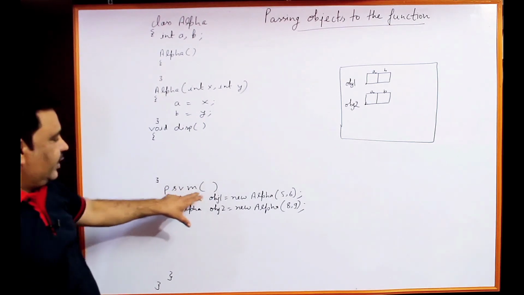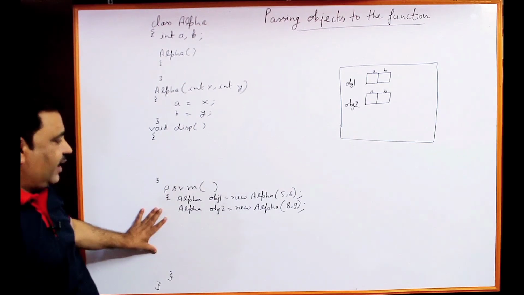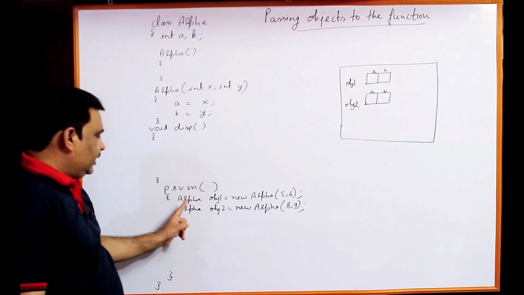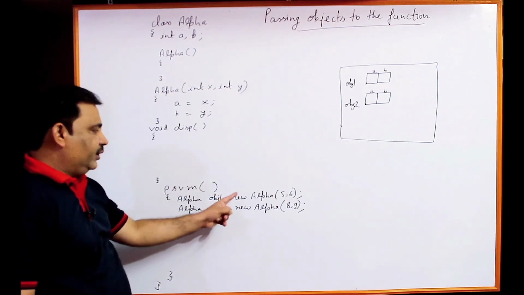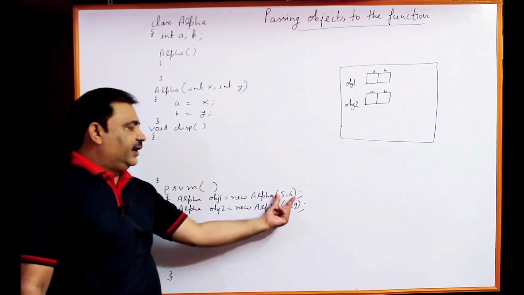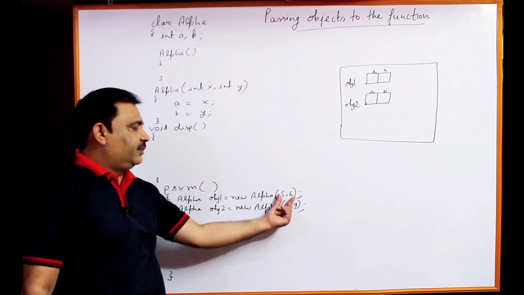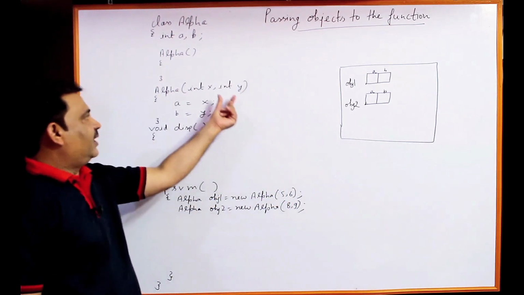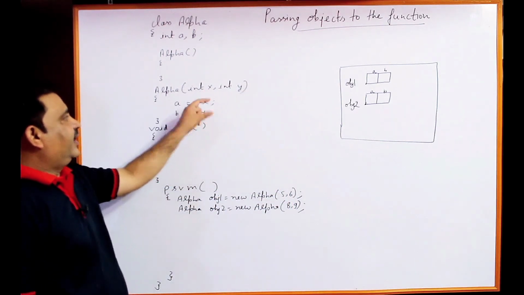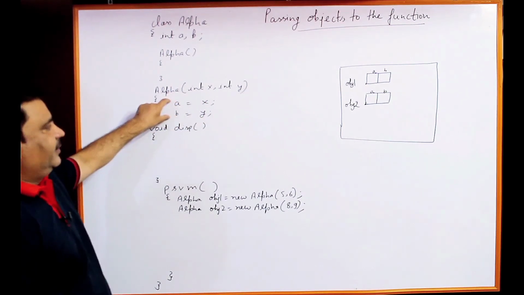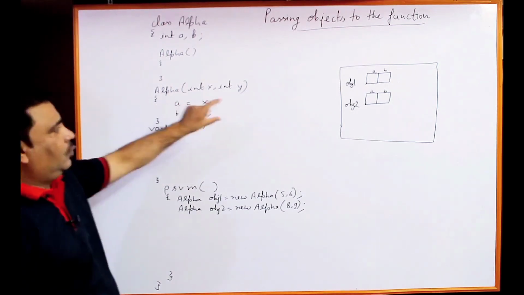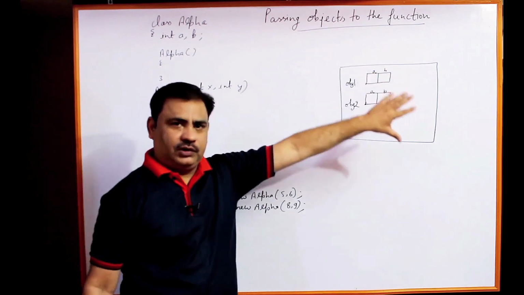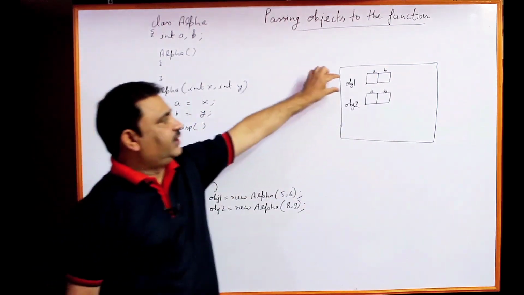Public static void main function in which I have created two objects, alpha obj1 equal to new alpha, and calling the parameterized constructor by passing 5 and 6, which will be passed into x and y and initialized to A and B. So this is the memory block in which the first object is created.